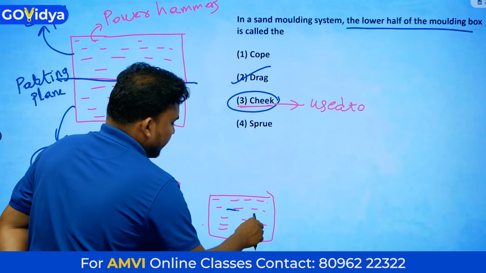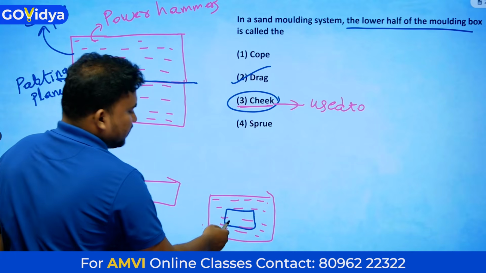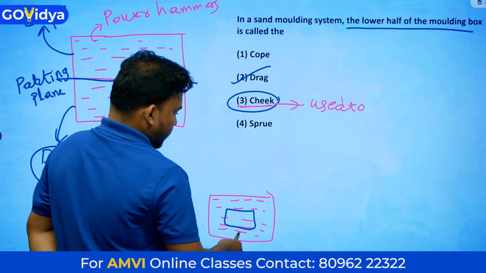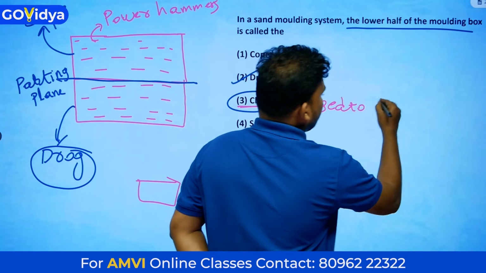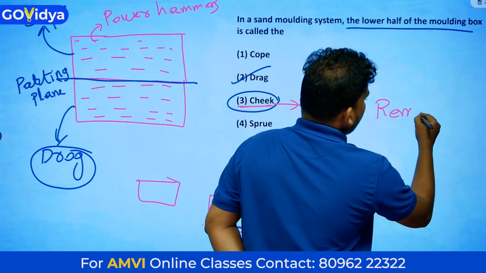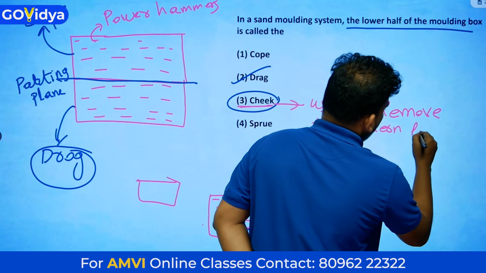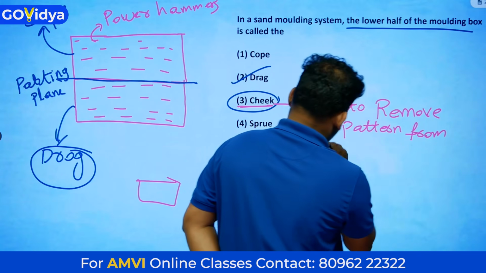In between there is a pattern, and after the ramming process I need to take this pattern out. So using these cheeks, I can remove the pattern from the mold box.